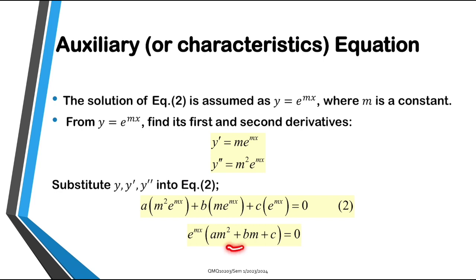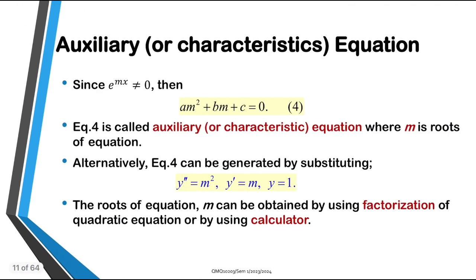Zero multiplied by the other factor of course equals 0. That's why we have equation number 4. Equation number 4 is called the auxiliary or characteristic equation, where m is the root of the equation.